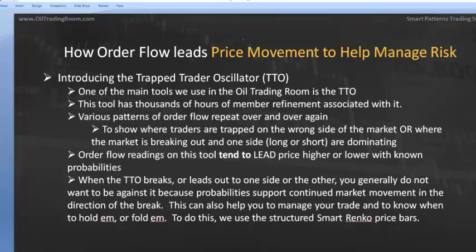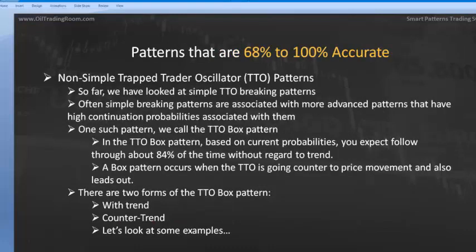When we use these types of bars, it helps us to see places where the market's going to reverse or continue. As we see the screenshots, you'll know. Just be aware that we're using a certain kind of bar that helps us to see patterns in the market, patterns that are 68% to 100% accurate.